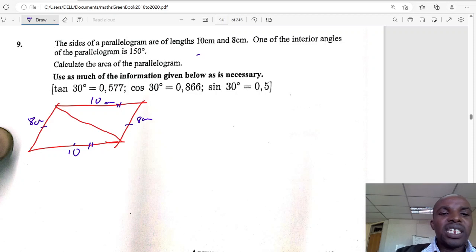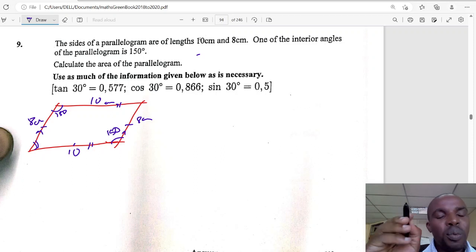Right. Then, let me remove this part. They said one of the interior angles is 150 degrees. So 150, it means this angle is 150. This angle is 150, which means this also is 150 degrees. So what about this one? So you say opposite angles, in this case they are interior angles because they are on parallel lines.